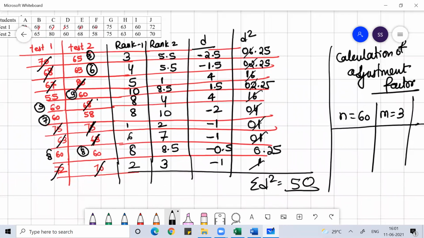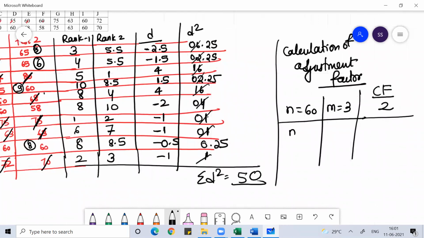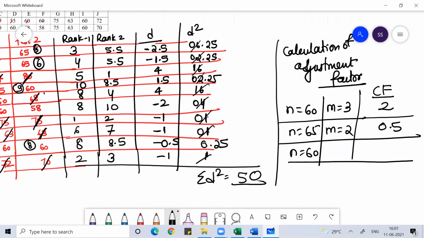Then here there's a value 65 which repeated 2 times; the correction factor of that would be 0.5. Then there's 60, repeated only 2 times, so this will be 0.5. So the sum of the correction factor is 3. Any confusion, anyone?